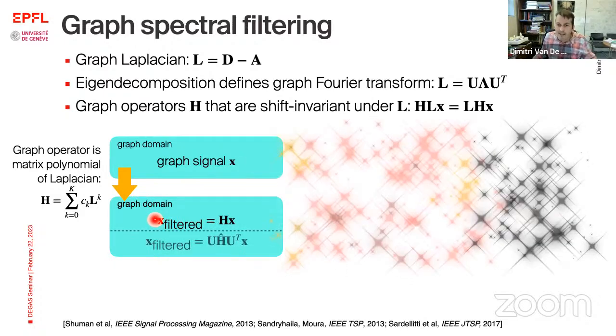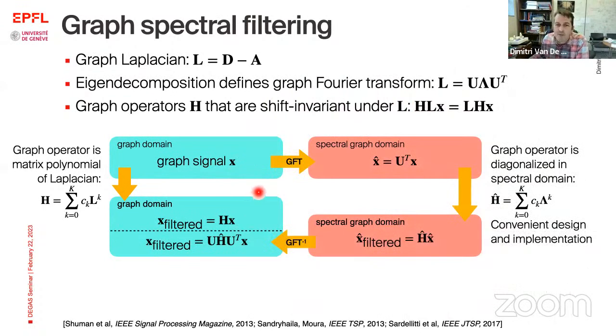However, if you now bring in the perspective of the graph Fourier transform as the eigendecomposition of the Laplacian, then we can use this to compute a spectral representation of a graph signal. And then we can also look at what will be the spectral representation of the graph operator. Because of this property of our operators H, we can quite easily see that the spectral representation of the graph operator will be a diagonal matrix, because it's by construction diagonalized by the Laplacian.